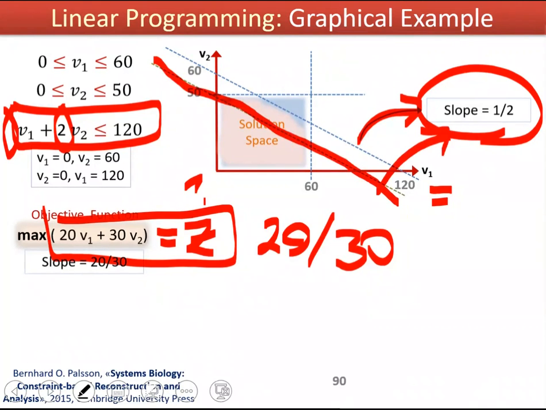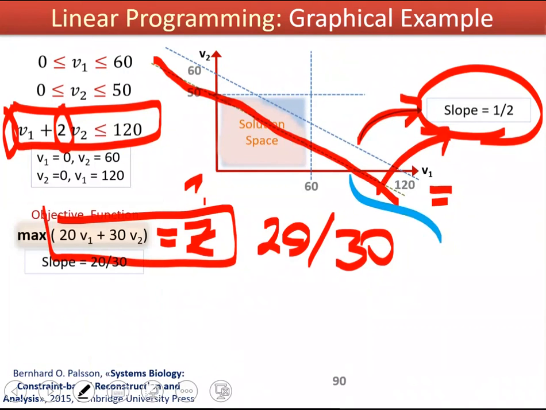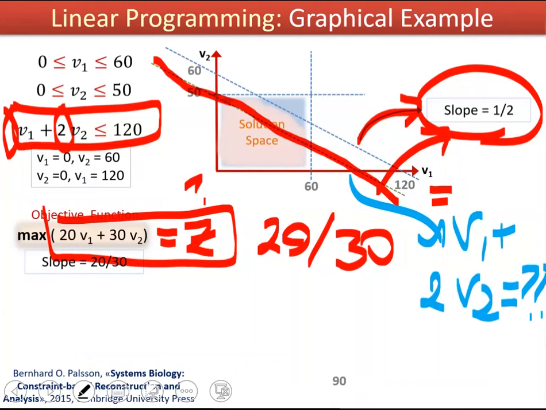So it will again be defined by v1 plus 2v2, but this part will change. What is the value of v1 plus 2v2 for this line? We don't know, but it has exactly the same slope.